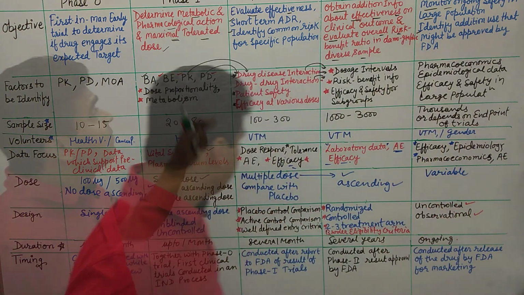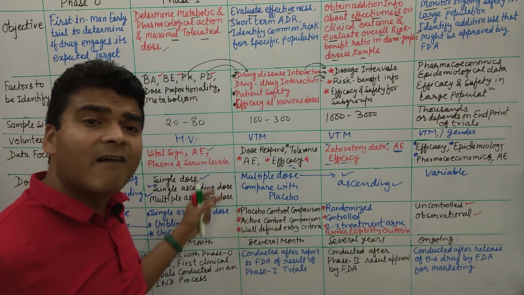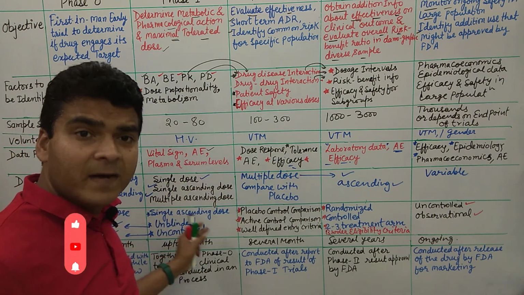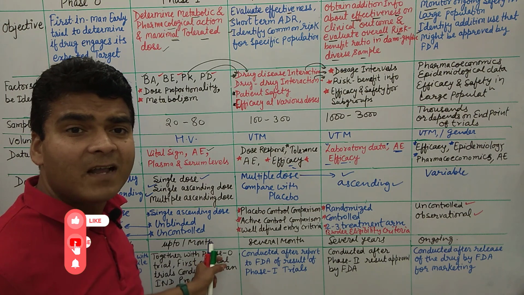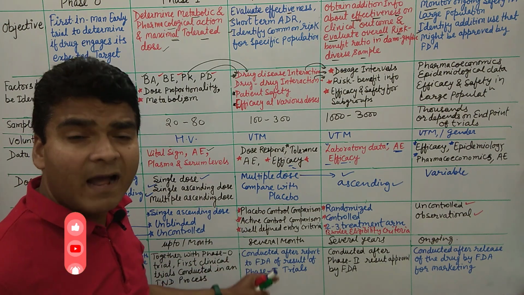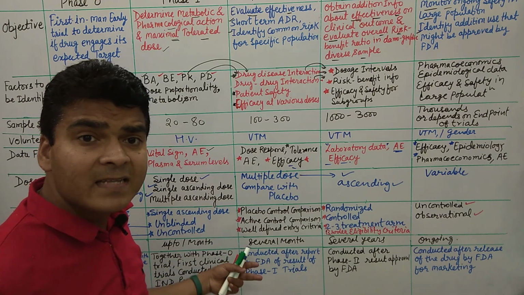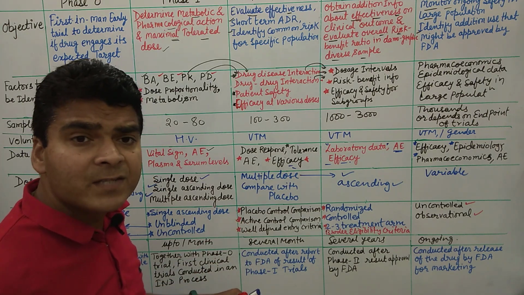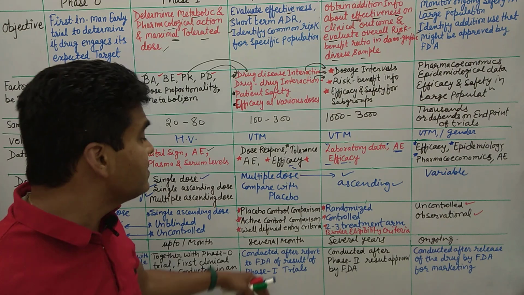Then phase 2 trial is conducted after the approval of phase 1 trial. Whenever we get the data of phase 1, it is submitted to the FDA and the phase 1 trial is approved. After approval of phase 1 trial, we are able to conduct the phase 2 trial.